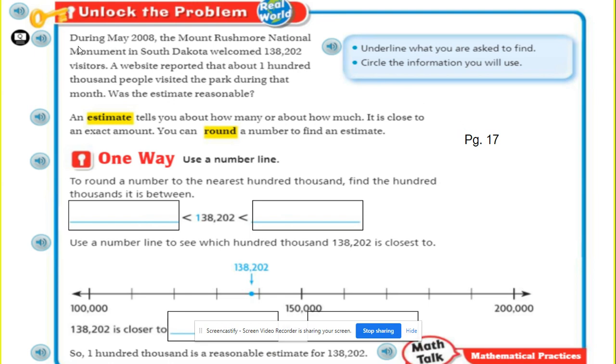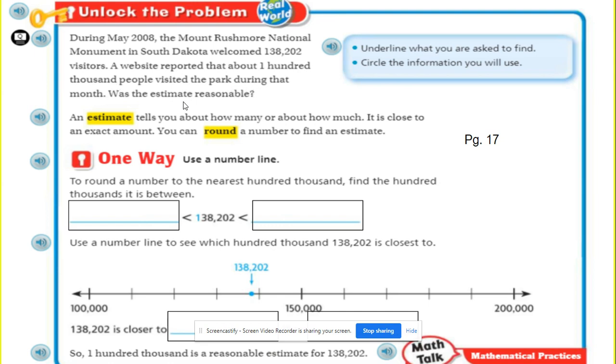This word problem tells us during May 2008, the Mount Rushmore National Monument in South Dakota welcomed 138,202 visitors. A website reported that about 100,000 people visited the park during that month.